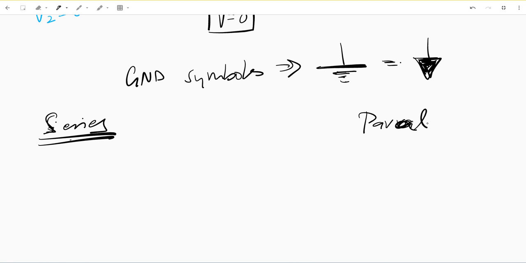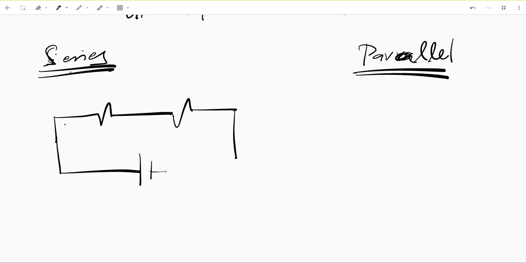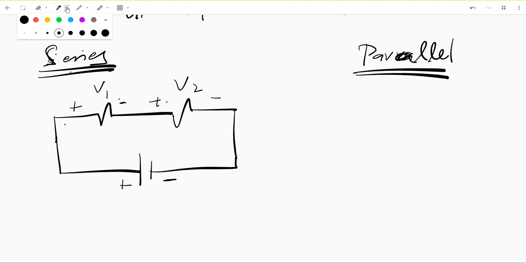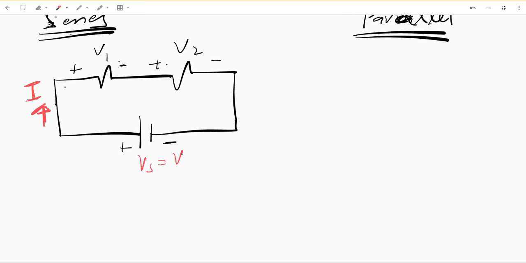And this is used all over electrical engineering, where if you have a circuit that looks like this, this is V1, V2, minus, plus, plus, minus, plus, minus, and you have a current, say I, flowing through this circuit. Again, this is your V source, or this could be your V battery.